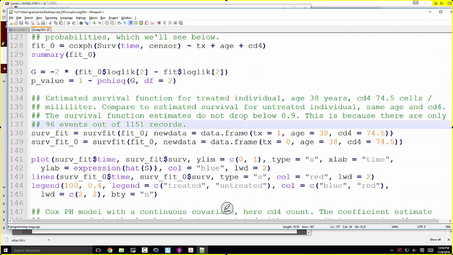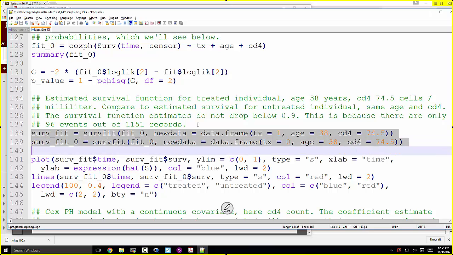So if I have a Cox model, fit 0 is a model that we're going to fit here, then you can use the survfit function and pass in the covariates for the individual or the category that you want a survival curve for. So I'll return to this, I guess, when we get to this part of the script. But we'll have separate survival curves for two different categories.